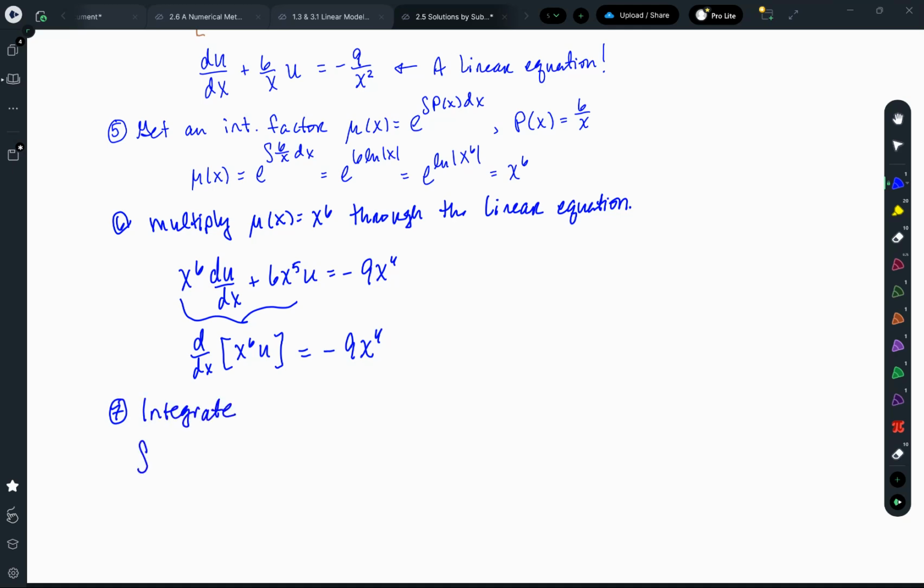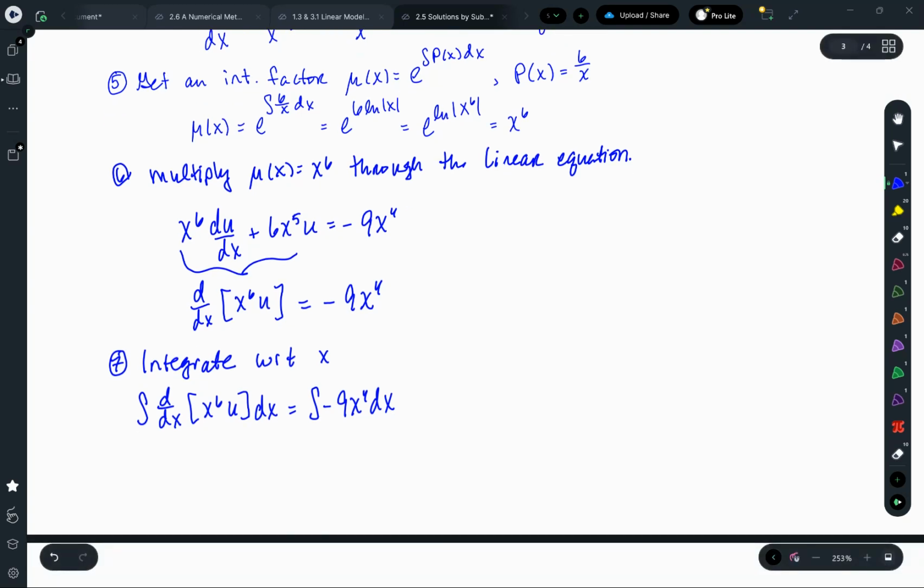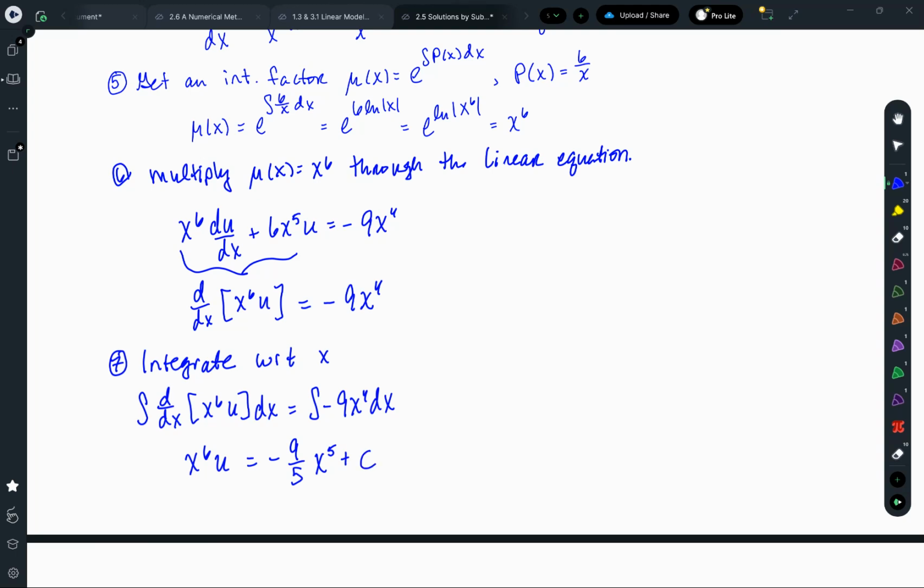So I integrate with respect to x. So I'm integrating d dx of x to the 6th u dx. That's equal to the integral of minus 9x to the 4th dx. On the left, the fundamental theorem of calculus takes care of us. And then we have x to the 6th u is equal to minus 9 over 5x to the 5th plus c.